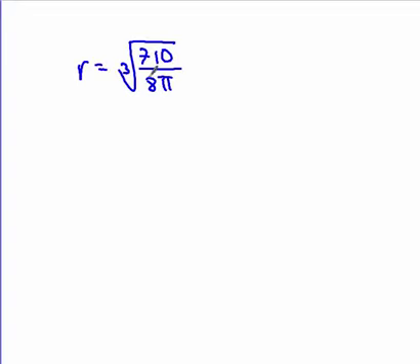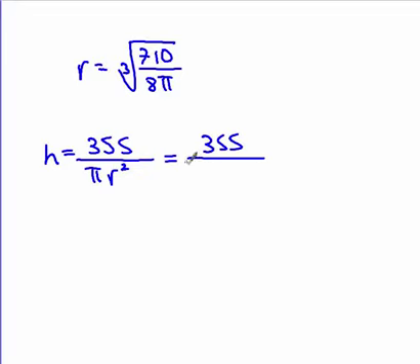And I can get that h from my previous equation, which was 355 over pi r squared. And so that's going to be 355 over pi times 710 over 8 pi. If I square that cube root, I end up with this to the 2/3 power. And that would be my final answer.